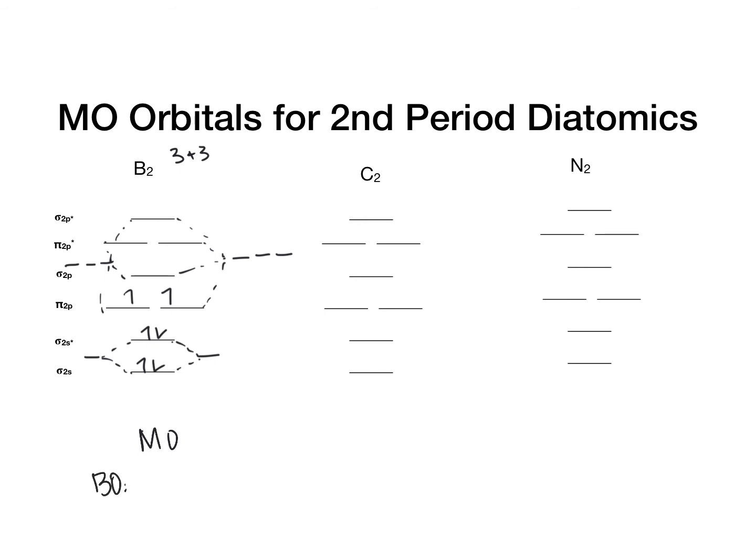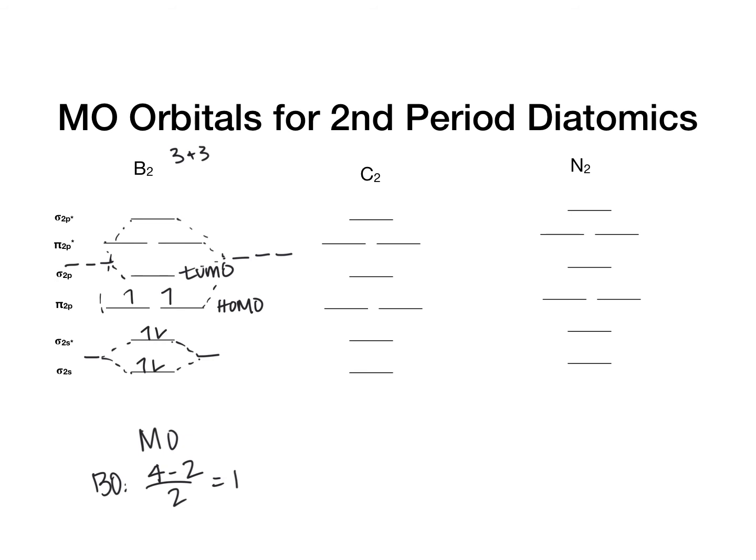It's the total in the bonding, which is 4, minus 2, divided by 2, which gives you 1. You could identify the HOMO, the highest occupied, and the LUMO for B2. The LUMO is the lowest unoccupied; everything above that is just unoccupied, and there aren't really names for those.